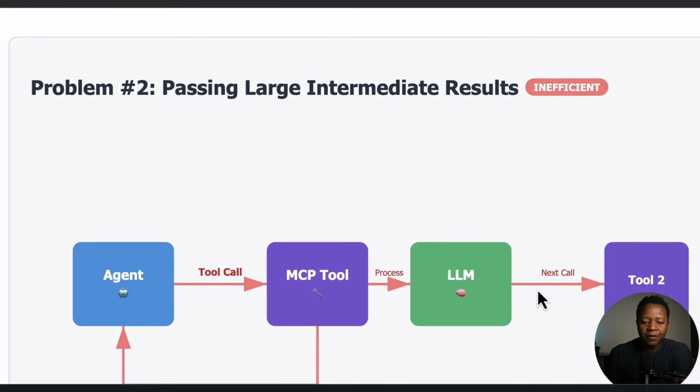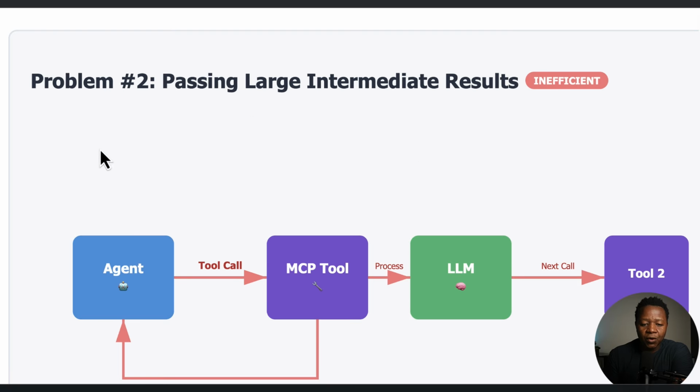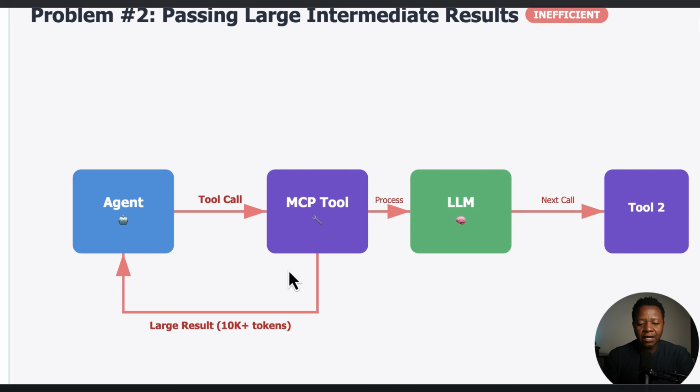Now, the second problem, which is very inefficient as well, is the fact that we're also passing a lot of unnecessary information, this intermediate information that is loaded between the agent and the tool call. What happens is that the tool returns a lot of tokens, a lot of information, because that is what we need for the agent to work.